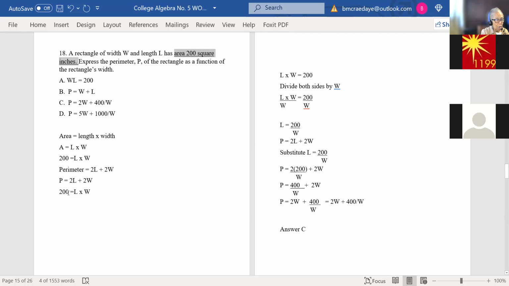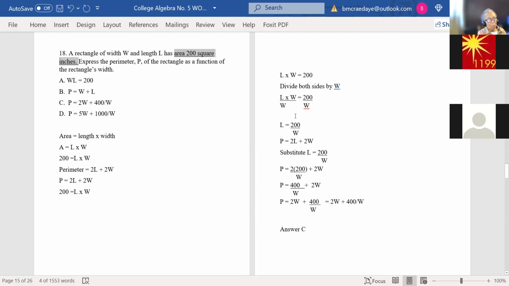Now, 200 is L times W. We can actually convert L in terms of W by dividing both sides, to find L, divide both sides by W. So we get L equals right here. Divide both sides by W, you get L is 200 over W.